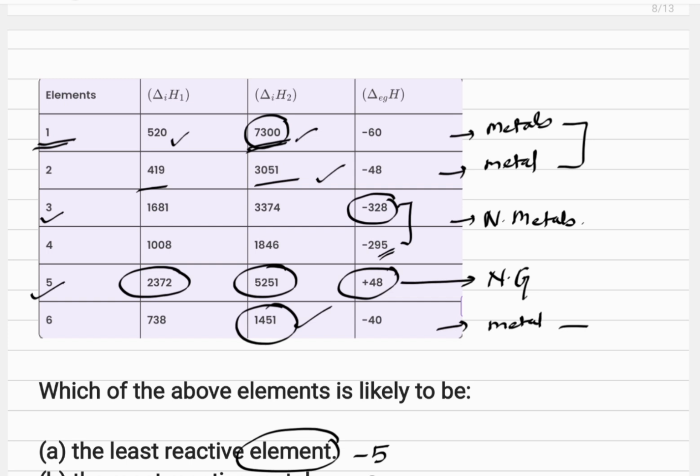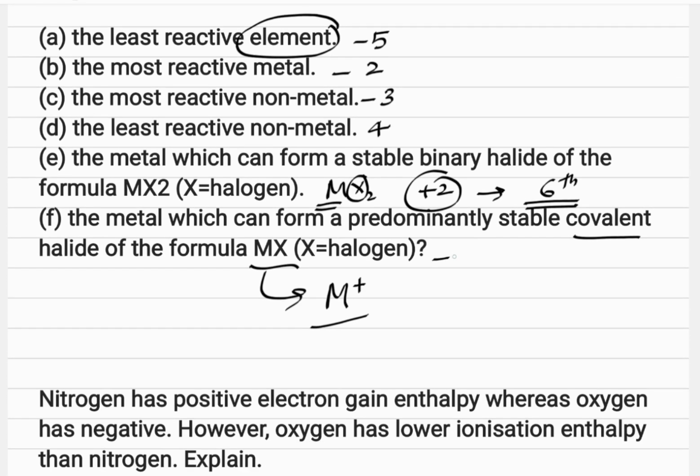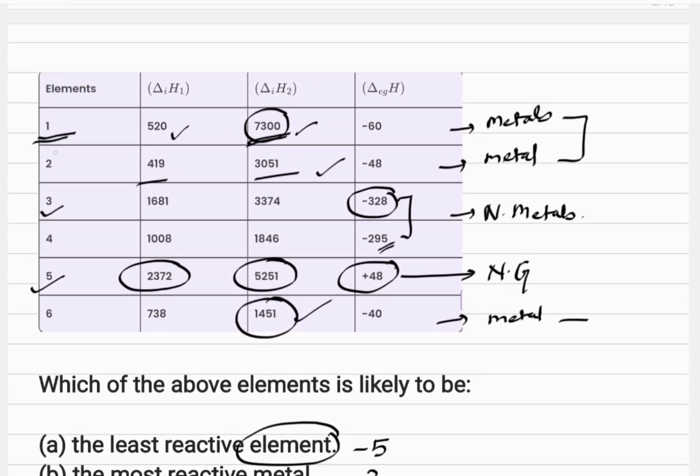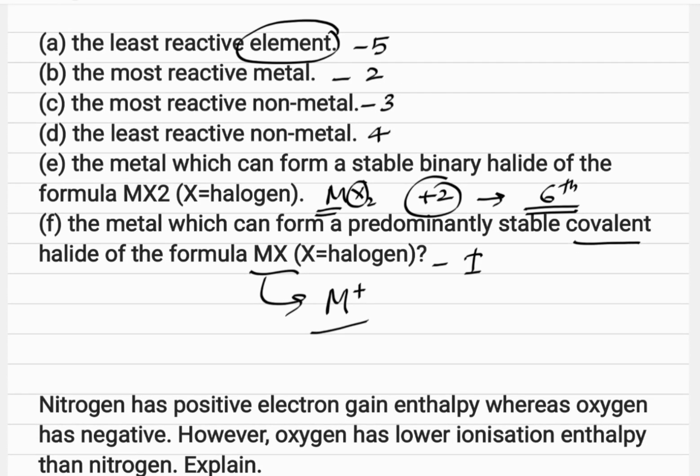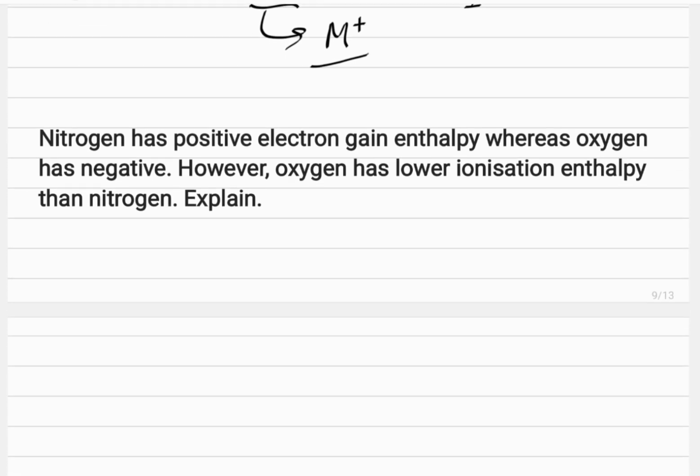That means it's not at all willing to lose 1 more electron. It would lose only 1 electron, right? So 6th is the answer for the 6th question. Oh, sorry, my mistake. First element. This first element would be the answer to the 6th question. Okay, all right, moving on.